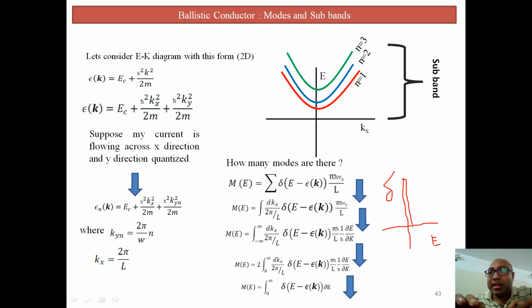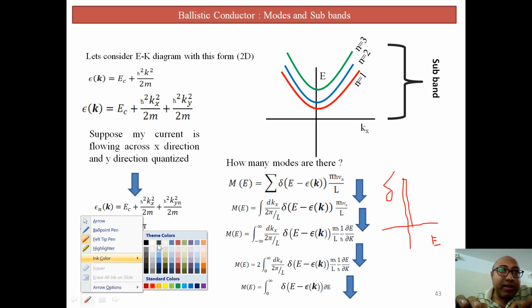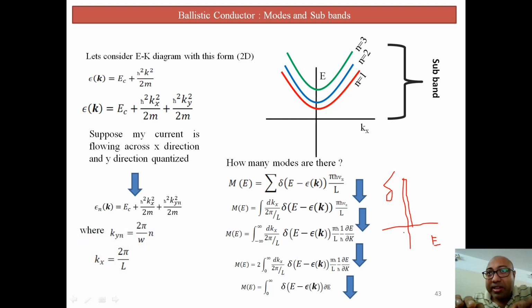It is telling us that this expression is 1 as long as my integral is within this range. If my integral covers this range, only then will you get a value of 1. If you try to integrate outside of this energy position of my delta function, you will get a 0 answer.